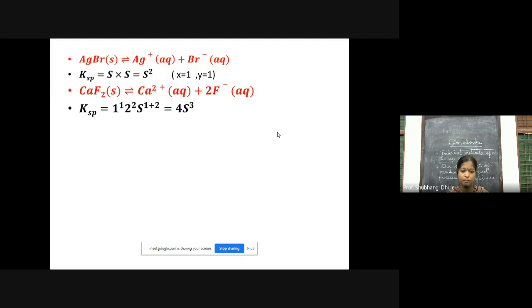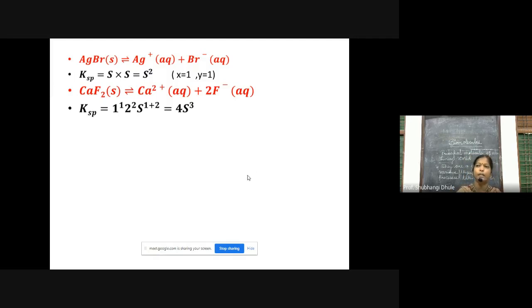So this is the dissociation for the sparingly soluble salt. Now for this equation, if you apply the Ksp, then you get Ksp equal to S into S, that is S squared, because here the number of cations is 1 and the number of anions is also 1.